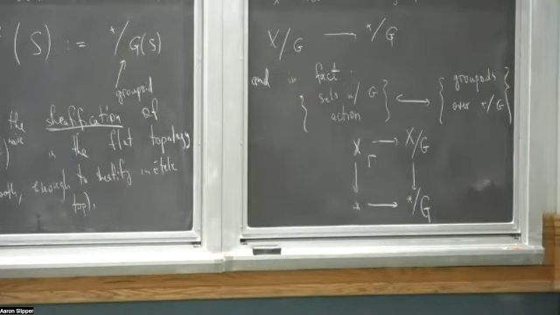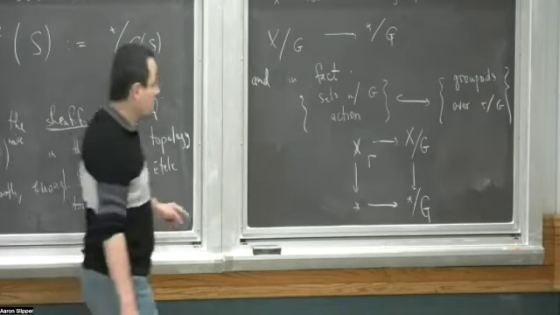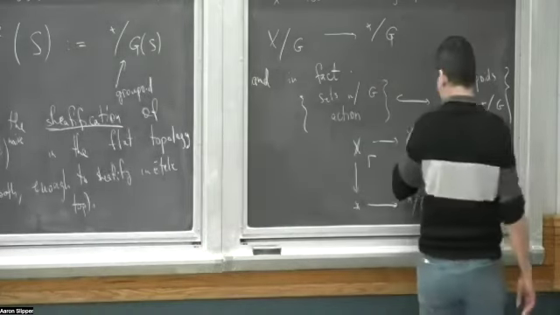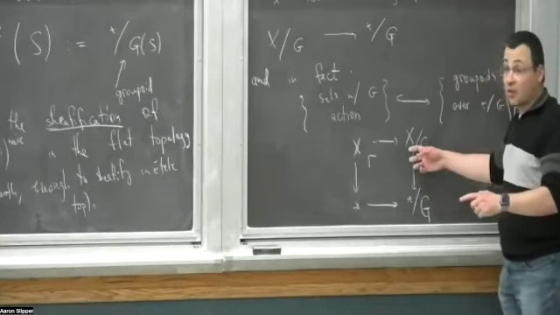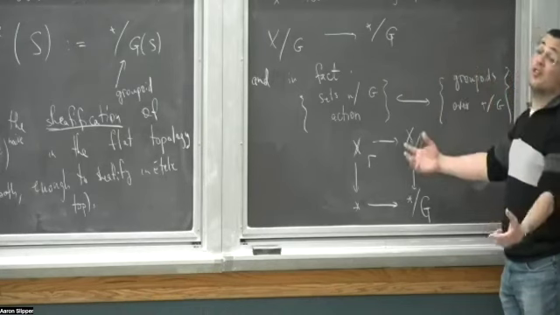You can also characterize the essential image in terms of a condition like this. I don't know what you mean by the first part. I'm studying groupoids up to equivalence of groupoids.